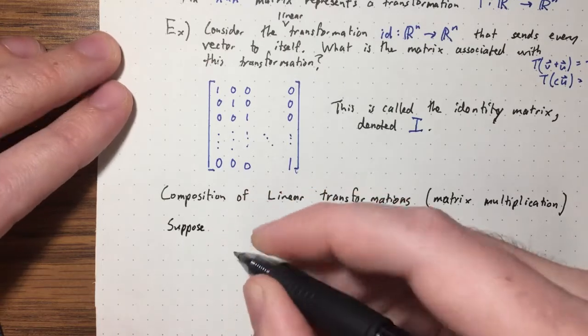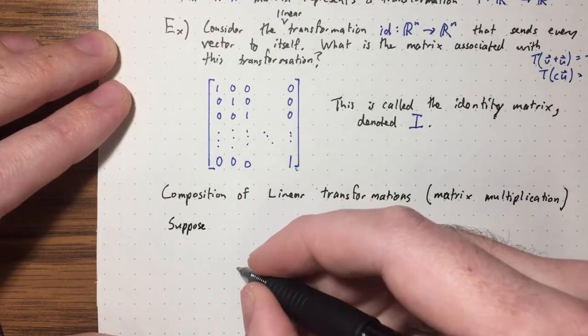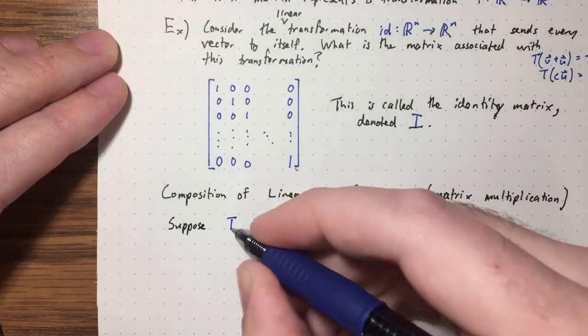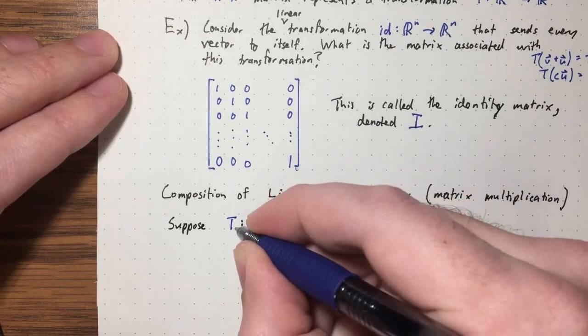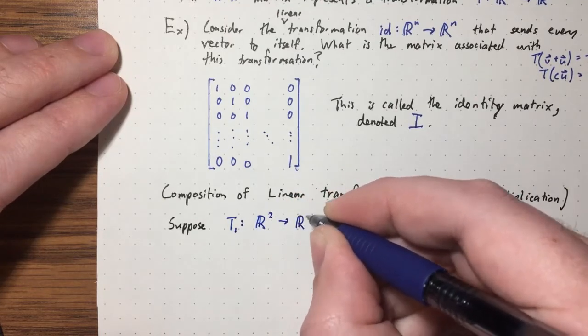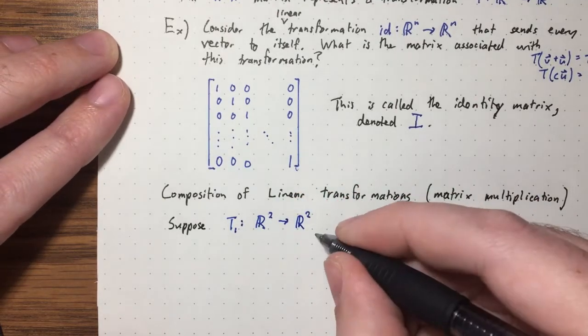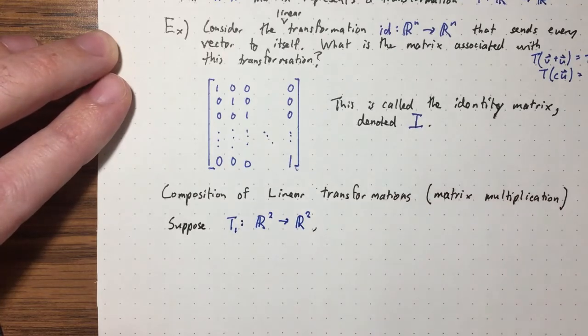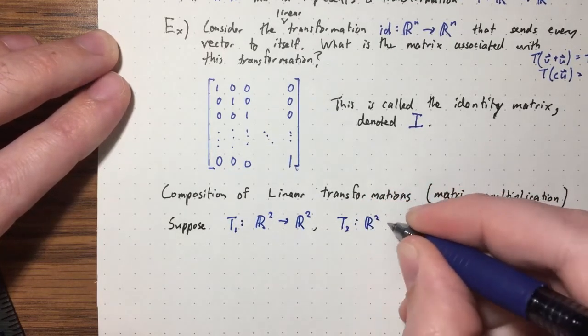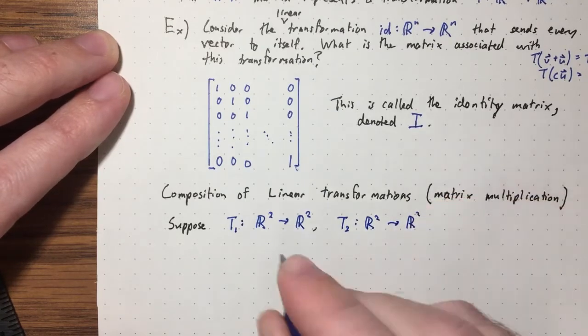So suppose that I have, let's make it explicit. So we'll go from R2 to R2. So we have T1 from R2 to R2. And we have T2 from R2 to R2. I'm going to start with all the spaces being the same.